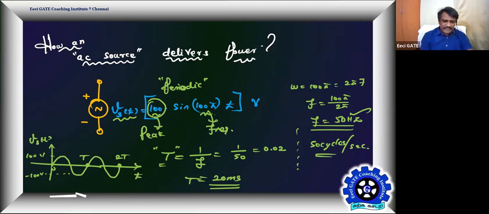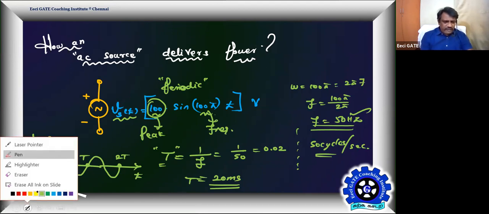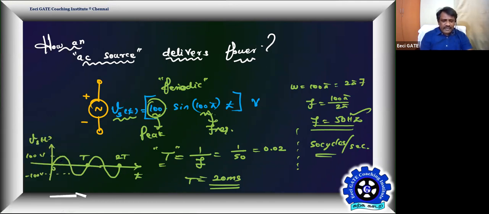Because it is alternating, when you refer to the waveform, it says this waveform has a positive value throughout 0 to T by 2. If we take the time period between 0 to T by 2, your signal Vs of t is positive. If we take the time period between T by 2 to T, it has a negative value.